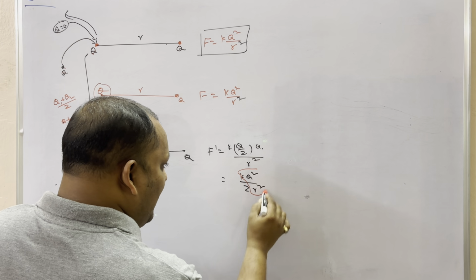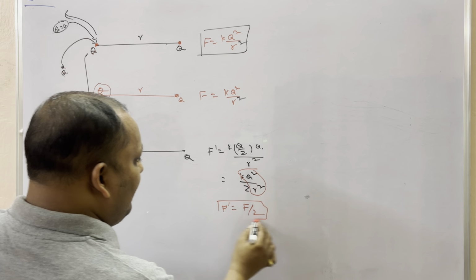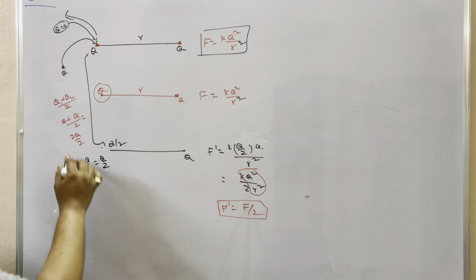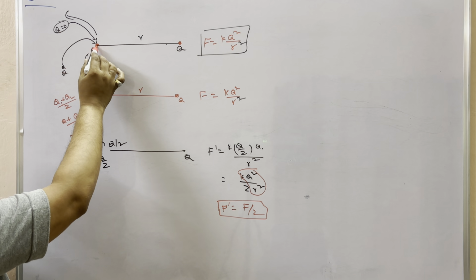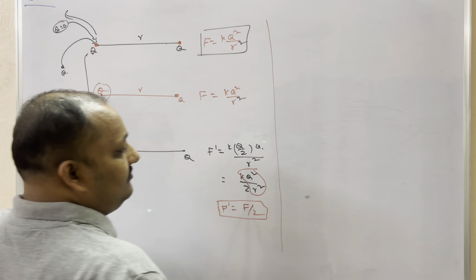So KQ square by R square is equal to F, and F dash is going to become F by 2. When one uncharged body is brought near a point charge and in contact for some time, the new charge is going to become (0 plus Q) by 2, that is Q by 2. Like this, they may ask.